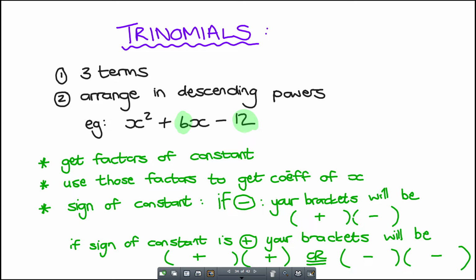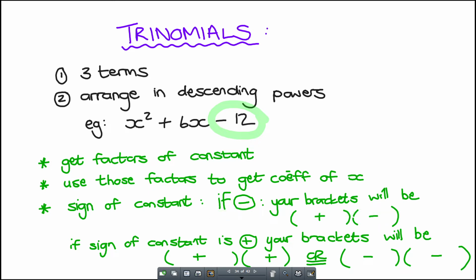Now, the signs of your brackets are determined by the sign of the constant. So if this is my constant, the 12, can you see it's negative 12? If it's negative, like we have now, one bracket will have a positive and one bracket will have a negative.